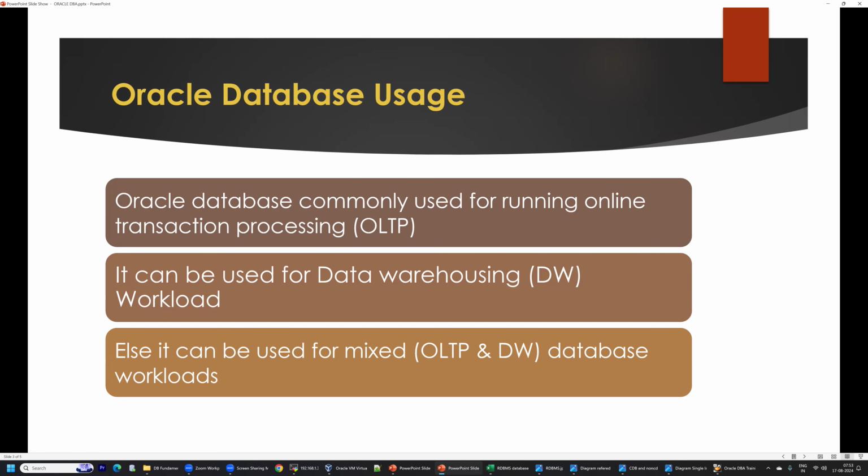Basically, the idea here is that an Oracle database can serve these different kinds of data sets. It can be used for OLTP transactions, or for a data warehousing system, or in fact in a mixed environment, where a database is used for both purposes. Mainly in a production environment, if we have defined a database for OLTP transactions, it will be dedicated to that particular operation.